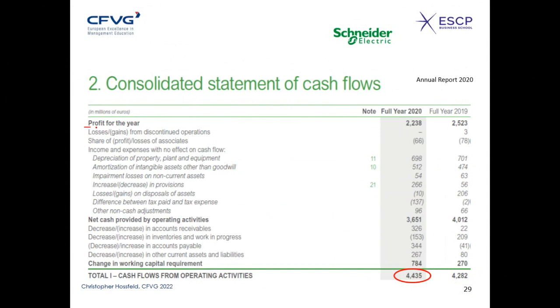Instead, they're using income statement information, you know, profit, net income, depreciation, impairment, losses, and so on. So all this is income statement information. And then they use balance sheet information, you know, changes in accounts receivable, changes in inventory, and so on.